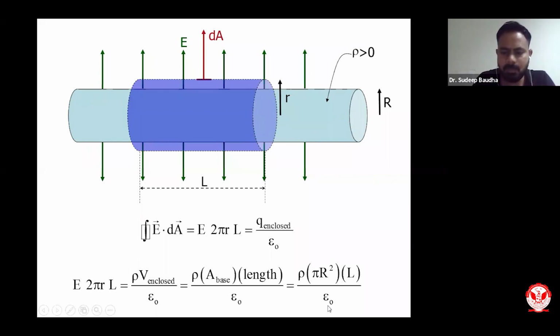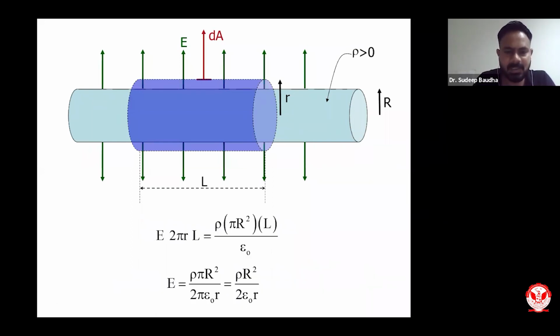If I equate both the left hand side and right hand side, I can straight away write E is equivalent to rho r square upon 2 epsilon naught r. So this is the electric field at a radial point r from the center of the infinite cylinder.